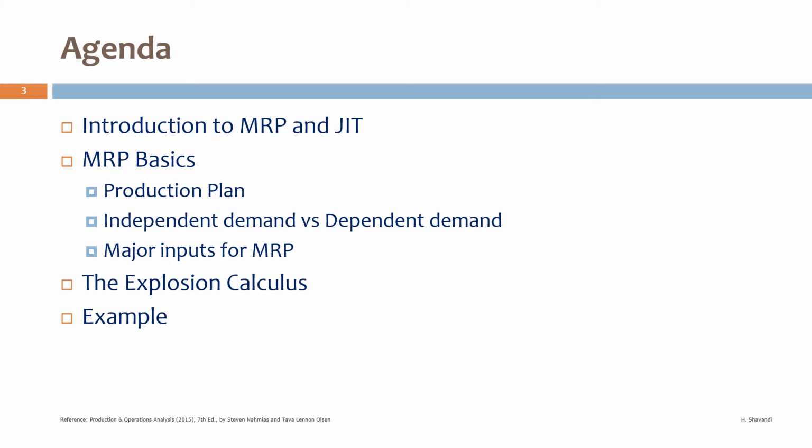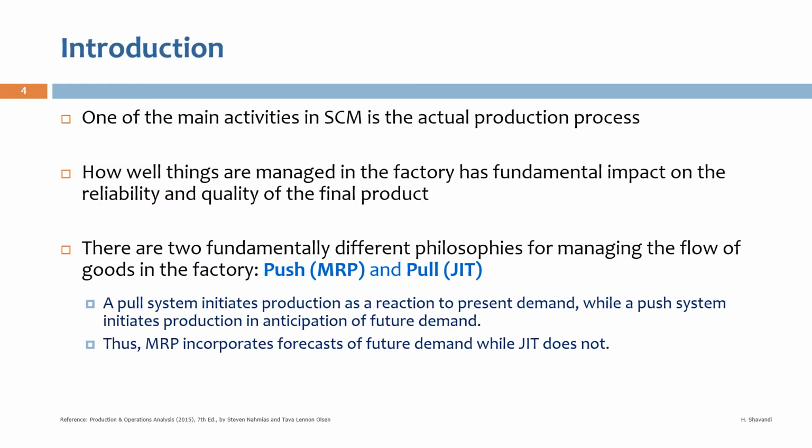And then we'll learn about the MRP basics, which includes a production plan, independent demand versus dependent demand, and also what are the major inputs for MRP, material requirement planning. And at the end of this section, we'll have the explosion calculus, which are used to do the calculations in the process of MRP. And at the end, we'll have an example. Okay. So now let's have the introduction part first.